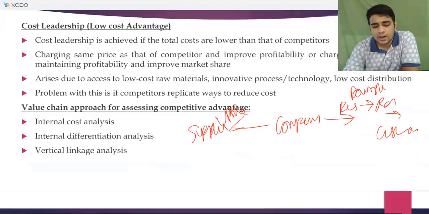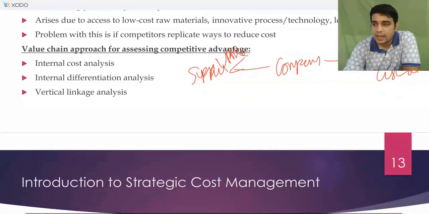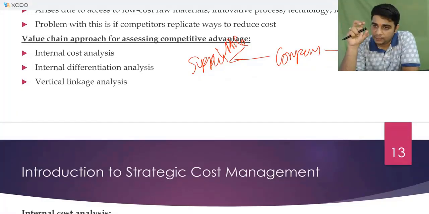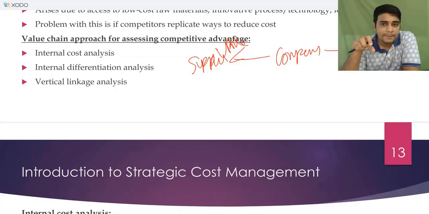In an internal cost analysis, what I am going to do is look at the various activities an organization does, the critical activities which a company does, and identify what proportion of the cost is incurred at every activity. The first activity 5% of the overall cost, second activity 25%, third activity 30%, fourth activity 10%, fifth activity 5%.